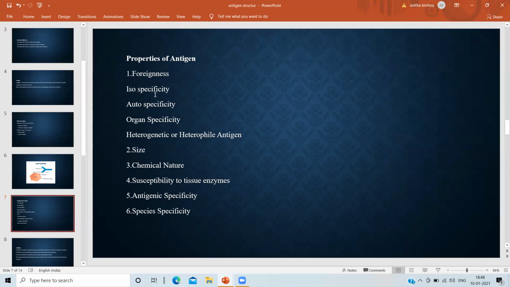For example, human blood group antigens and RH antigens. You have A group, B group, AB, O, RH positive. All human beings will not have the same kind of antigens, so they might differ. They may not be present in all, but they are present in some members of the species. Now talking about autospecificity.